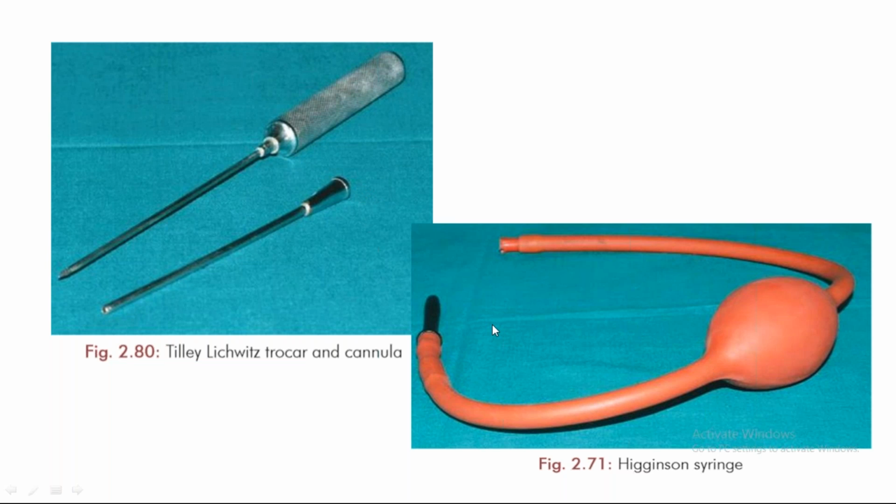Fill the bulb with 30 ml saline, press the bulb, and the saline goes through and into the maxillary sinus.